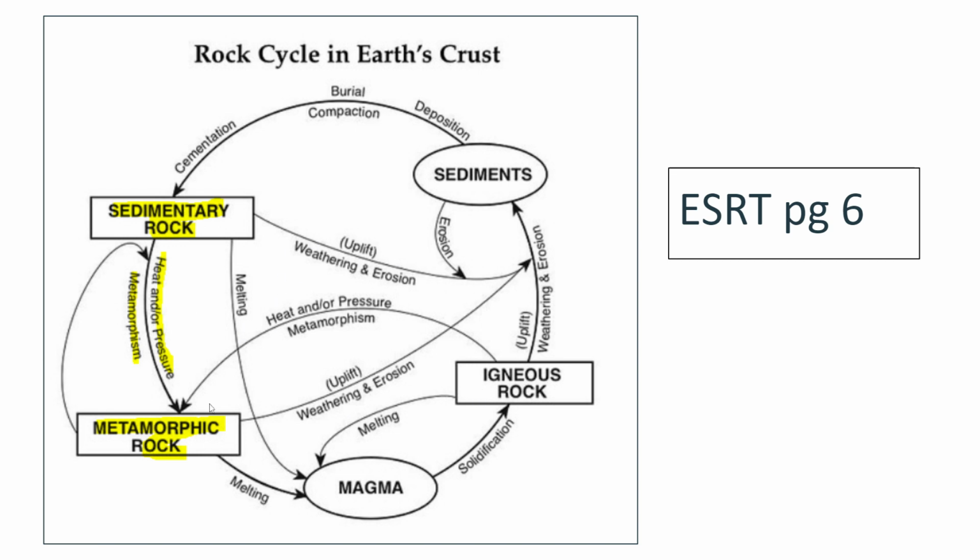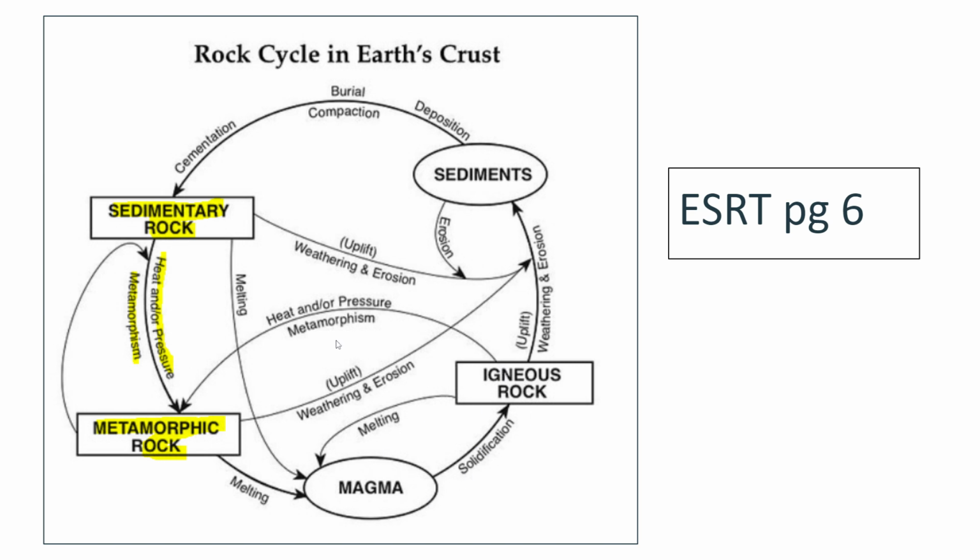Remember, sedimentary rocks, metamorphic rocks, and igneous rocks can all turn into each other in their own specific ways. Sedimentary rocks form from deposition, burial, cementation, weathering, and erosion. Metamorphic rocks form from heat and pressure, or metamorphism, and igneous rocks form from melting and solidification.